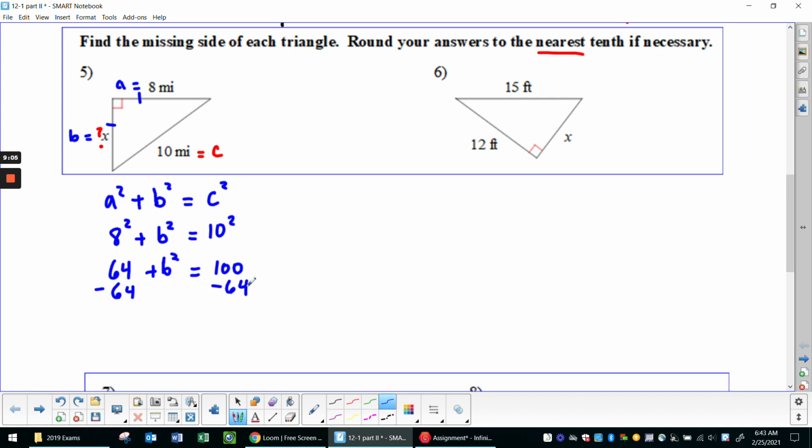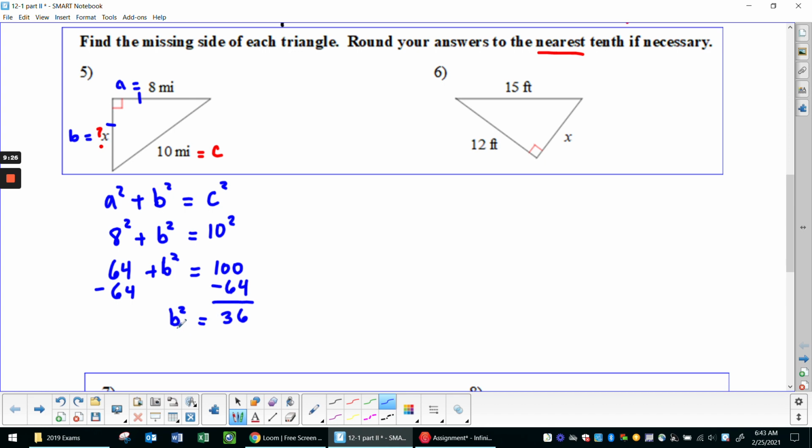Because we want to isolate our variable, which is B. So when we subtract 64, we get 36 is equal to B squared. It's positive 36, right? Because the 100 is the bigger number.